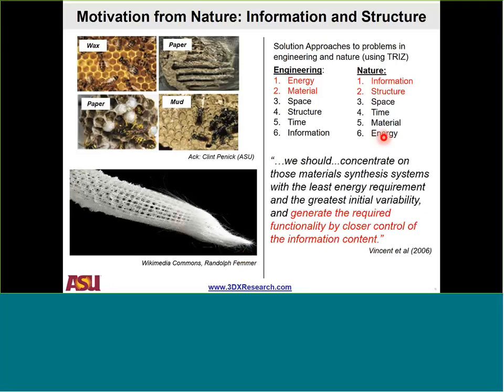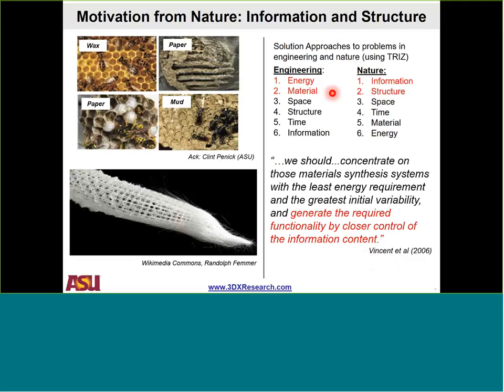If we look at nature, and this is a paper by a professor by the name Julian Vincent, who's one of the pioneers of biomimetic thinking, especially in terms of comparing it to engineering applications. He discussed how nature, when nature tries to solve problems, generally resorts to information, genetic information, but even structure, and how the 2 feed off of each other.